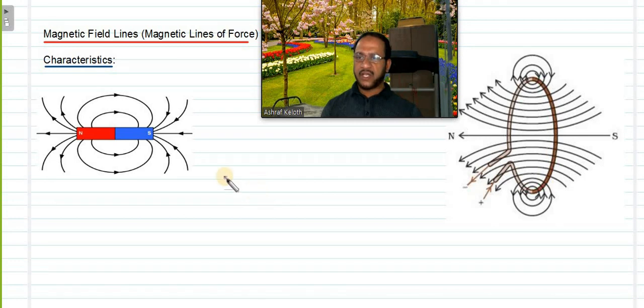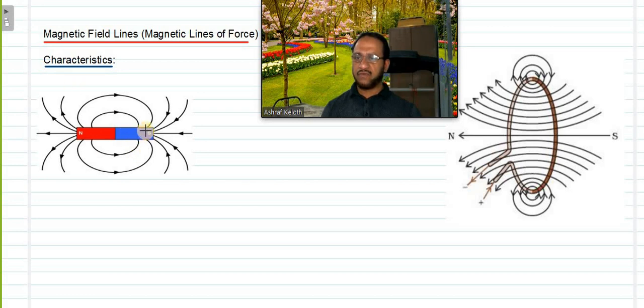Okay. Now next heading, all of you write down the next heading, characteristics of magnetic field lines. The first property we have already written: the magnetic field lines originate from the North Pole and end at the South Pole outside the magnet. And inside the magnet, they move from south to north. We can draw here also from south to north, field lines moving inside the magnet.